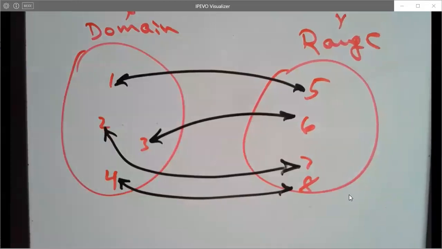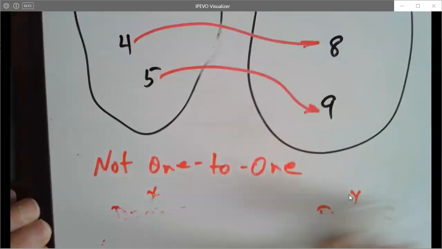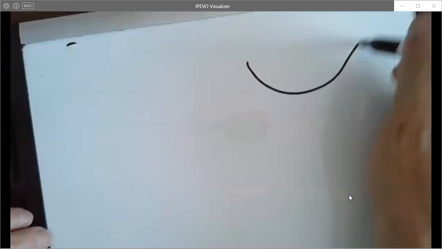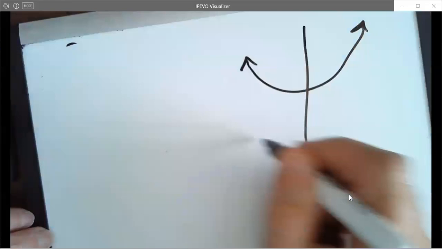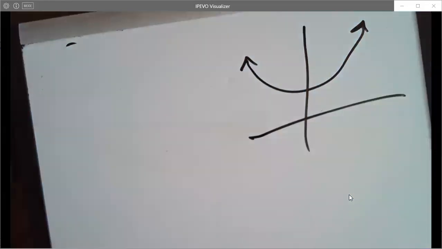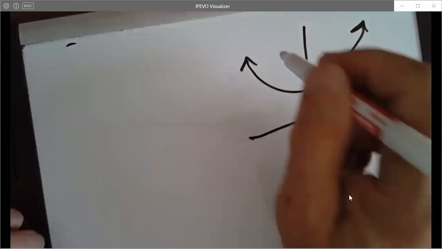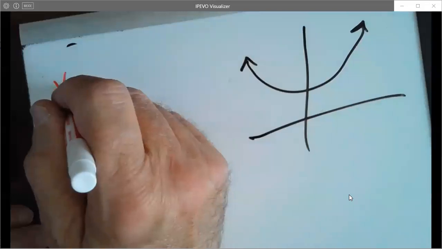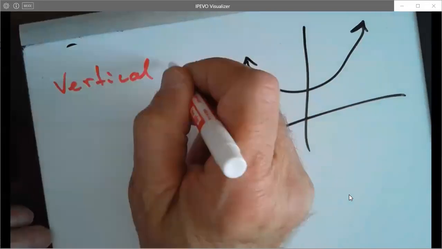Okay. Next we can also test graphically. We said that if we're looking at a graph, such as a parabola, and we wanted to see if that graph is a function, we could use the vertical line test.